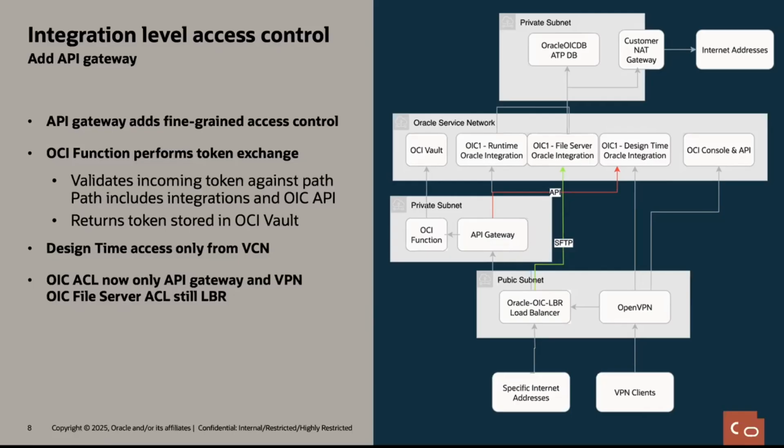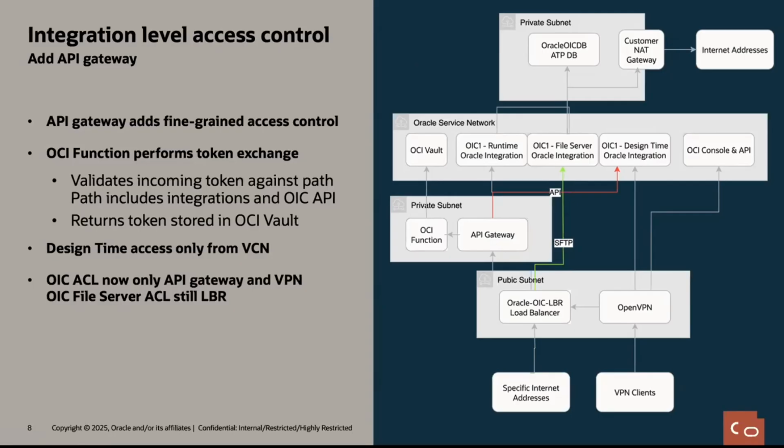The API gateway will validate the OAuth token that it's allowed to access. It will call an OCI function, in this case written in Python, that says, okay, I've got a validated OAuth token. Let me check the scope. The scope says that you are going to access this particular integration or project. Let me match that against the URL.